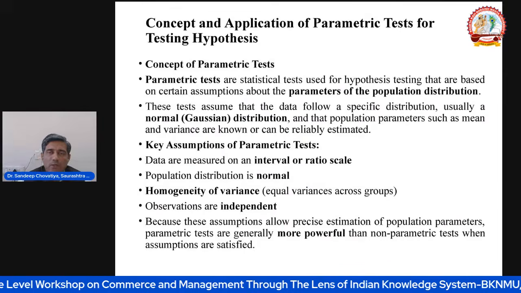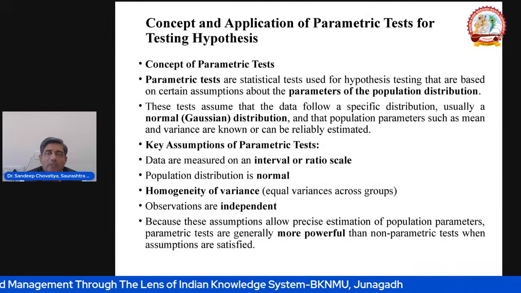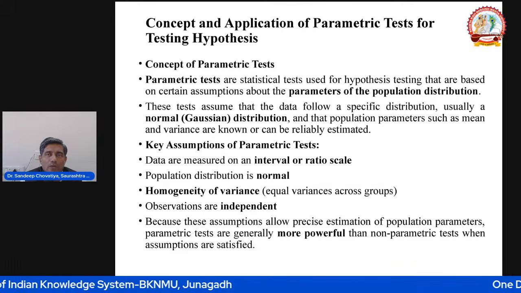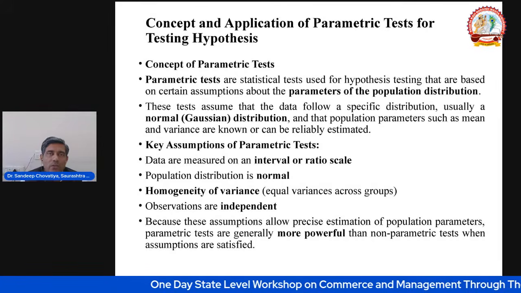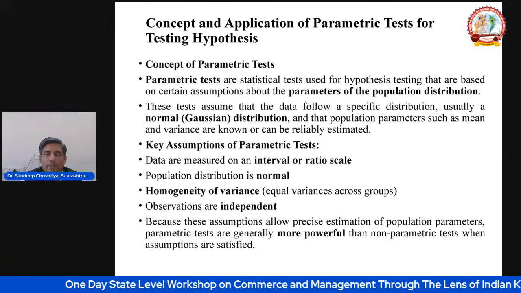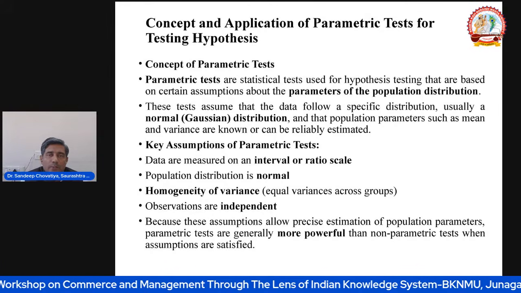When we discuss in detail the concept as well as the application of parametric tests for hypothesis testing, there are two kinds: non-parametric and parametric. First, we are going to discuss the parametric test. What is the concept of the parametric test?